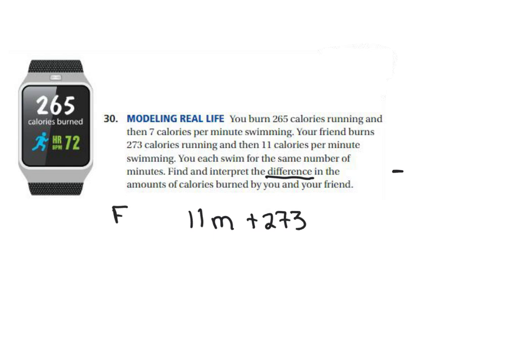That's our friend. And then you burn 265 calories and you burn 7 calories per minute. So we're going to subtract these, and we get 8. That's the difference in calories that you burned running.